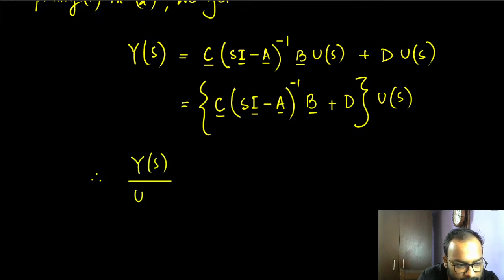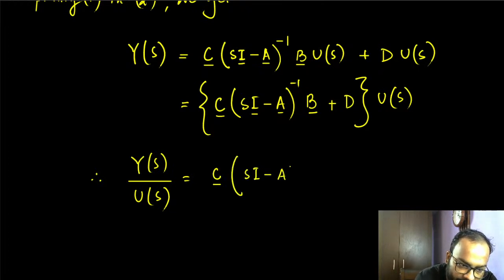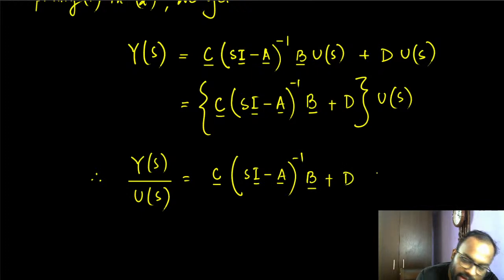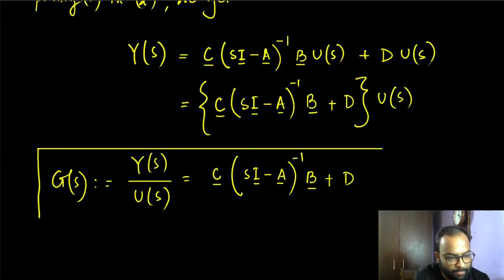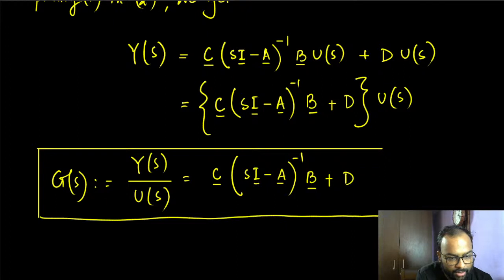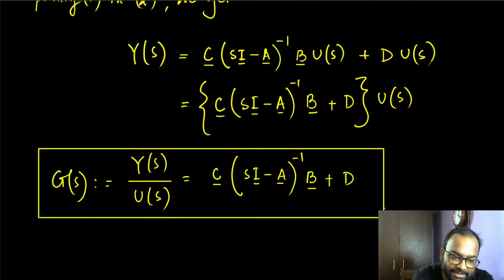If I bring this U(s) to the left hand side, because it's a scalar quantity, I have C (sI minus A) whole inverse, the matrix inverse, times B plus D. This matrix calculation gives you the transfer function, because by definition this is the transfer function. So this equation lets you convert any state space model for an LTI system into an equivalent transfer function.